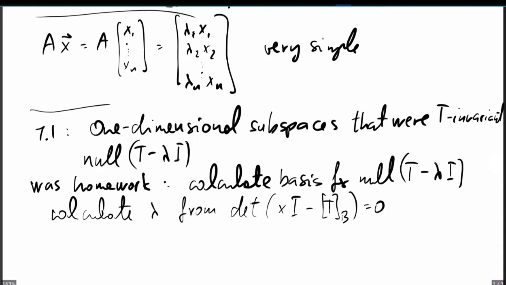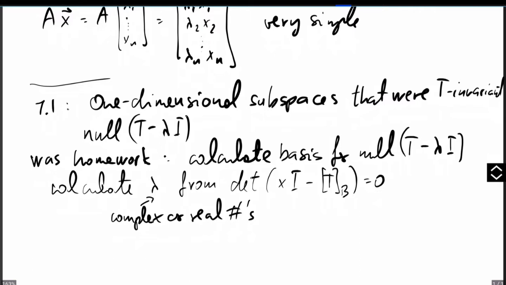In some cases, in the homework assignment, we obtained complex or real numbers for the eigenvalues. And as calculation goes, that's not a problem. The problem is when we start talking about vector spaces.